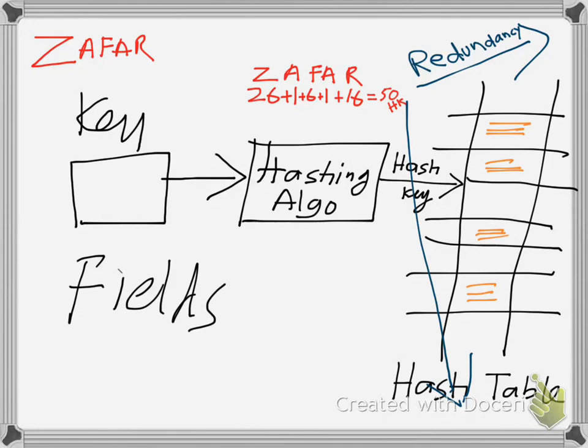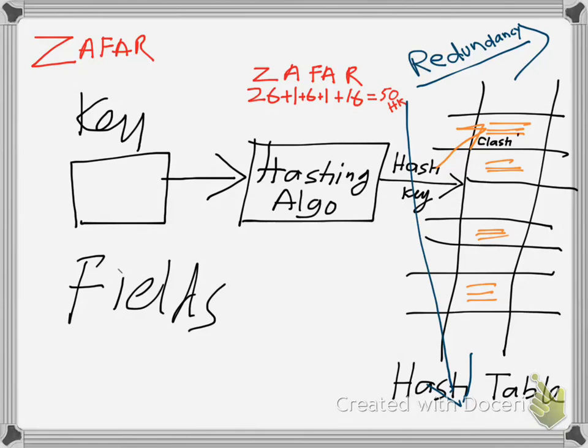The hash key that is generated is pointing to this. Since this place already has one record entered, such a situation is called a clash. When the hash key is pointing to a location in the hash table that already has one record added to it, that is called a clash.